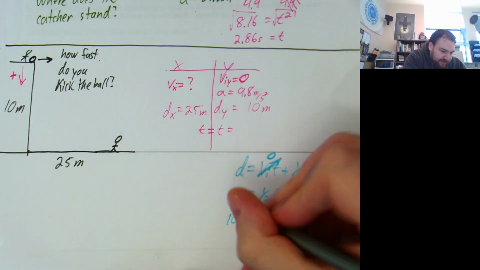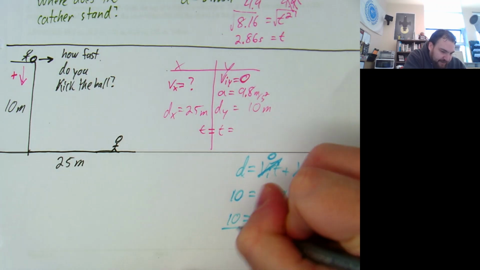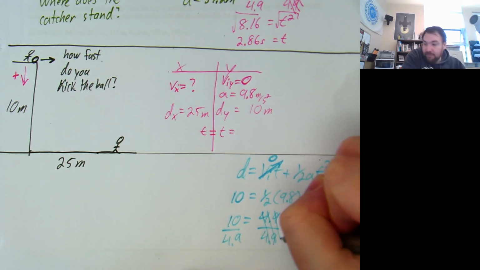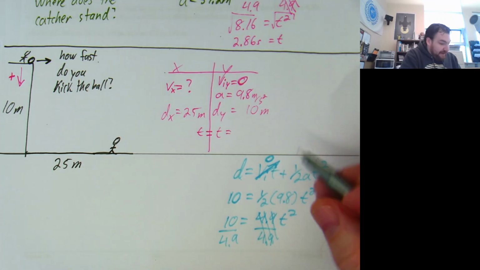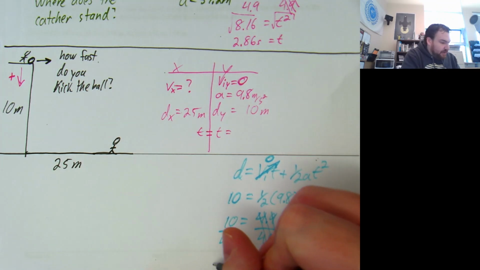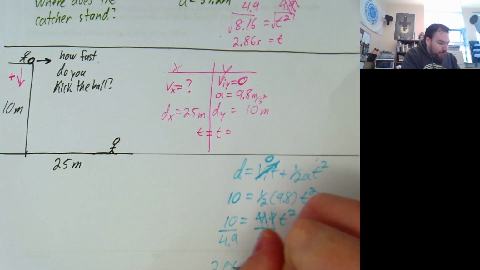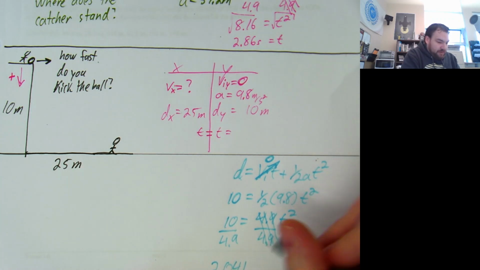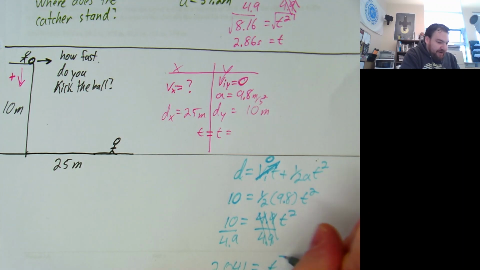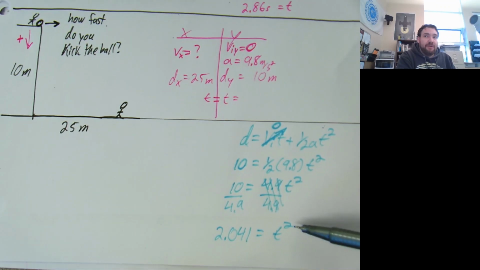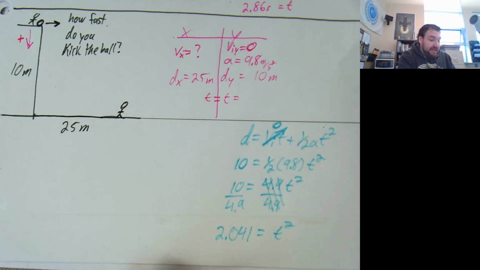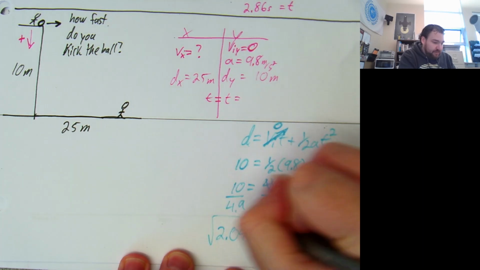Divide by 4.9, divide by 4.9. For the sake of time, I'm going to give you these values. And yes, Raina, this is rounded. 2.041 is going to equal t squared. Be really deliberate about your notation because you don't want t squared, you want t, and so we're going to square root this.